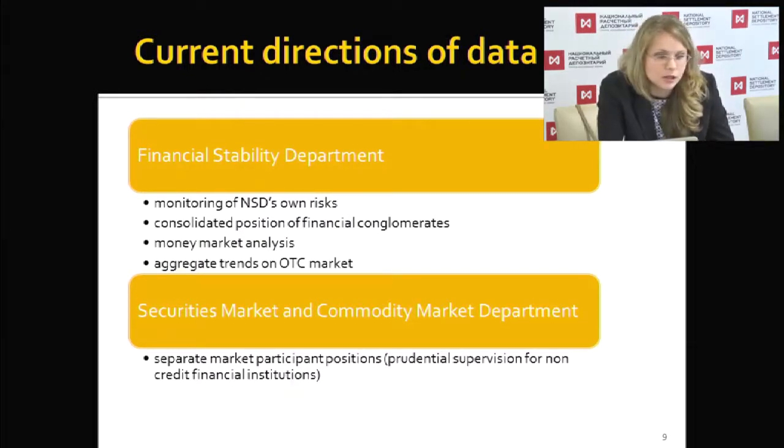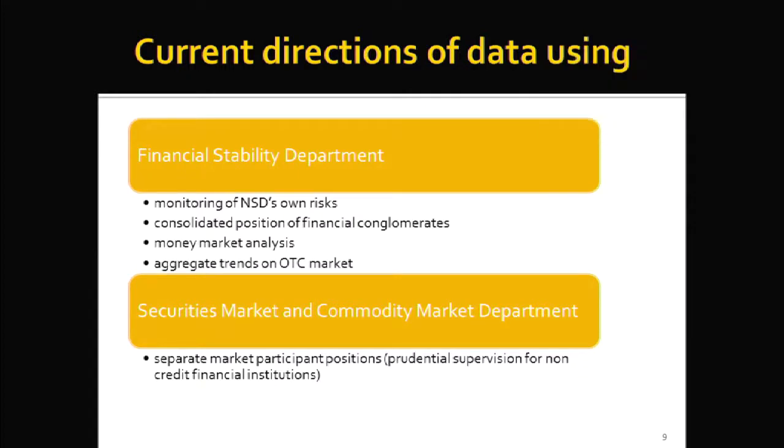We will look at the information that is stored at the repository in NSD, and using this information we will analyze the money market, also participants of this market too. Well, and aggregate trends on the OTC market.